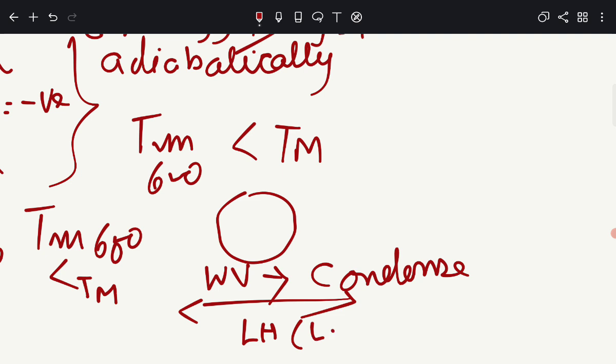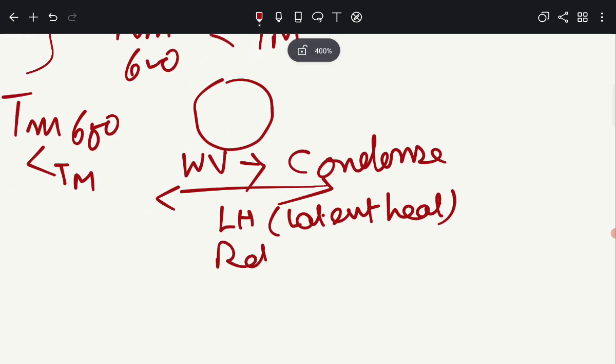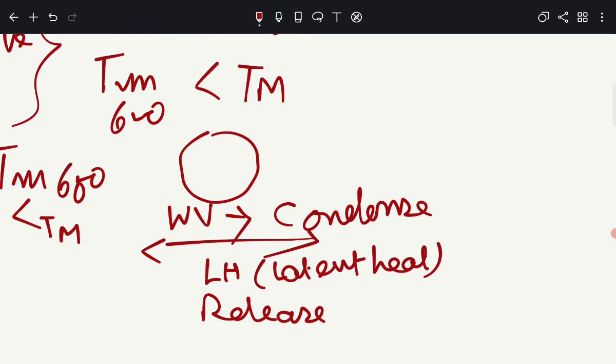So this is latent heat that will be released. But if it releases the latent heat, so this is the air parcel, and it releases latent heat.